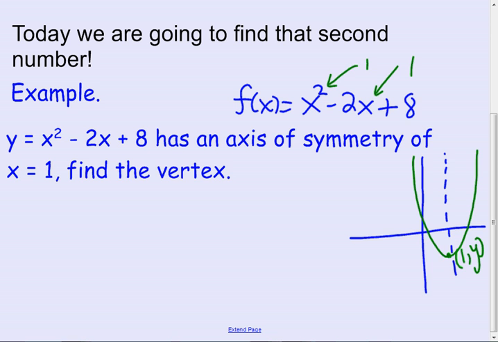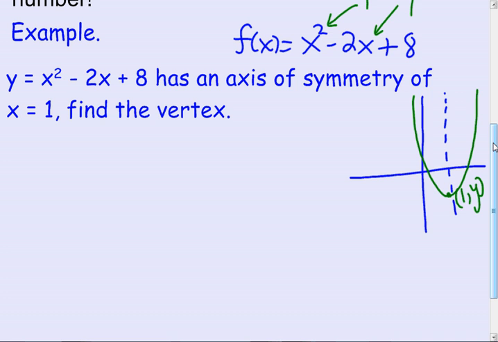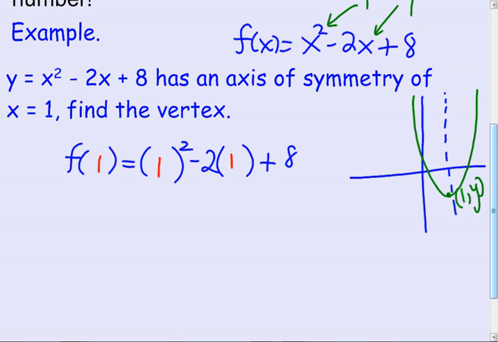I'm going to need parentheses, but that's a positive one. But to be safe, I probably should just put it in anyway. So it's f of 1 equals something squared minus 2 times something plus 8. And the something is going to be 1. Remember function notation? We've had some of it review, and it's going to be on your cumulative. And there can be some interesting things that happen with some of these vertex, depending on what form you're given.